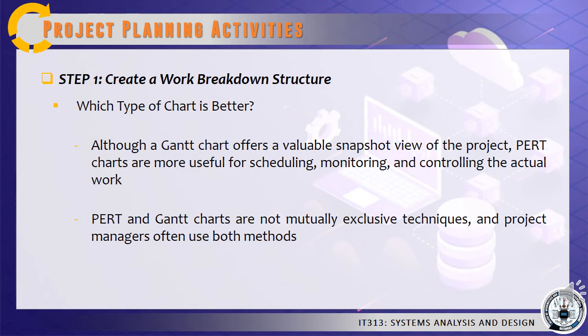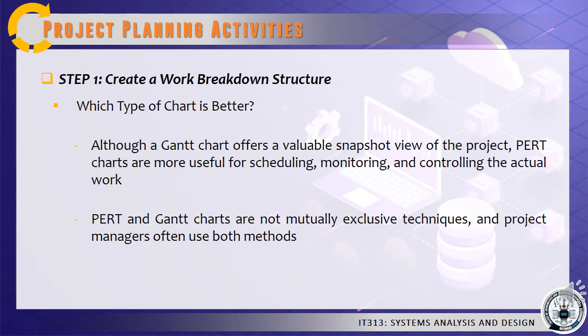With a PERT chart, a project manager can convert task start and finish times to actual dates by laying out the entire project on a calendar. Then, on any given day, the manager can compare what should be happening with what is taking place and react accordingly.